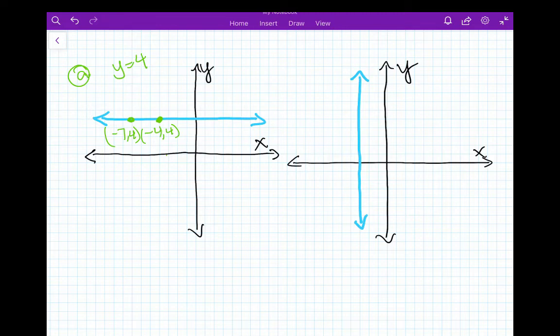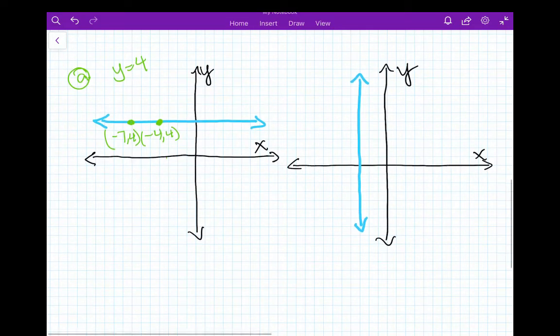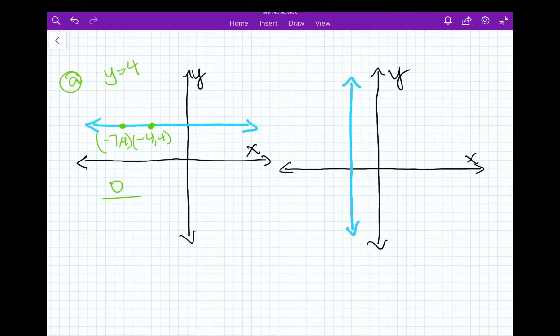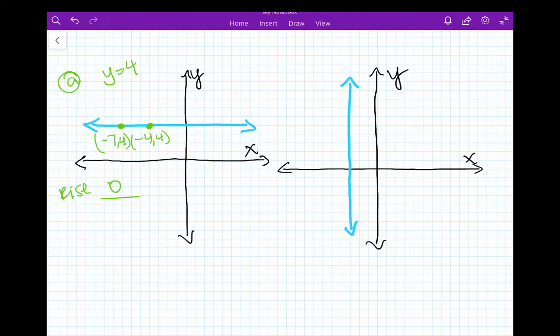So when I think about my rise and my run, if I'm trying to get from this point to this point, my rise is 0. When I refer to rise, I'm referring to the distance I'm going up or down. So my rise is 0, my change in y, also called the rise. My run, though, is 1, 2, 3.